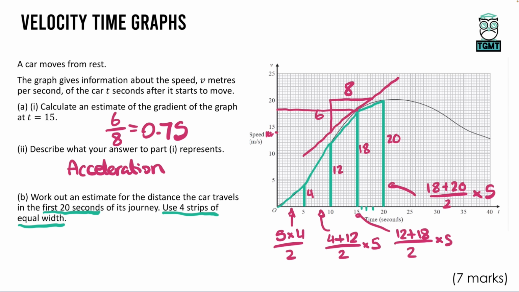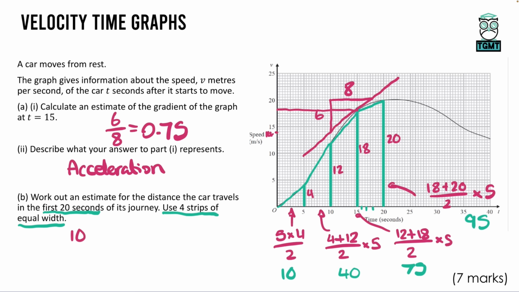So when you type these all into the calculator, for a few of them, we can probably get the number quite easy. 5 times 4 is 20, divided by 2 is 10. We have 4 plus 12, which is 16, divided by 2 is 8, times 5 is 40. 12 plus 18 is 30, divided by 2 is 15. 15 times 5 is 75. And then 18 plus 20 is 38, divided by 2 is 19, times 5 is 95.